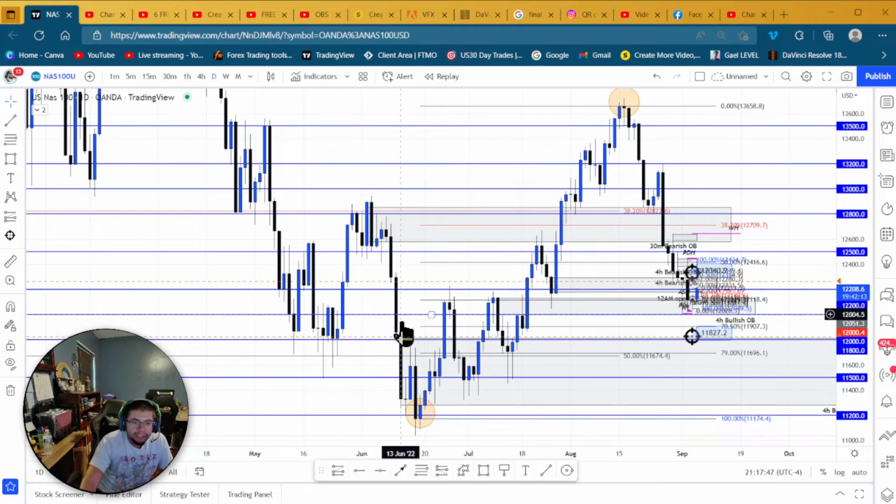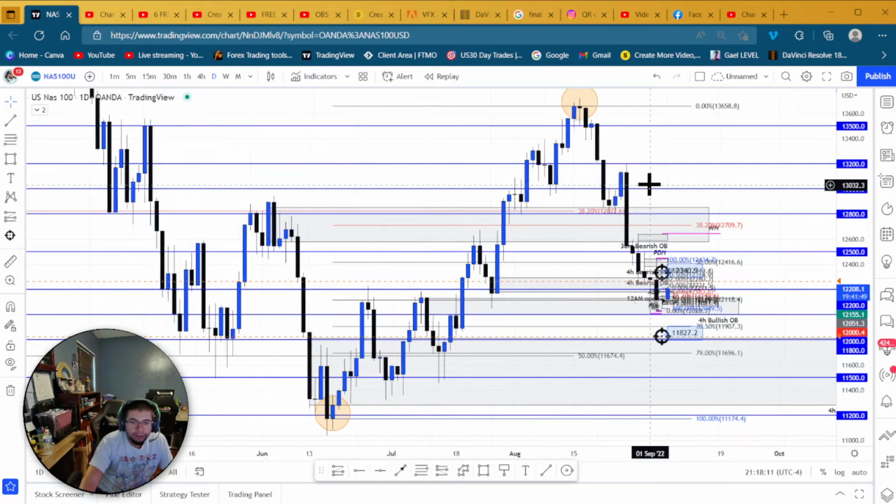Then it came down and came up, and as it came up into this region, it had a false break, came down, then ran through it and found some support through this block. Then it came back, tested it, and it failed. So we're expecting a fib retracement from here to here to come down, but that's not the point. We're looking for order blocks and breaker blocks.